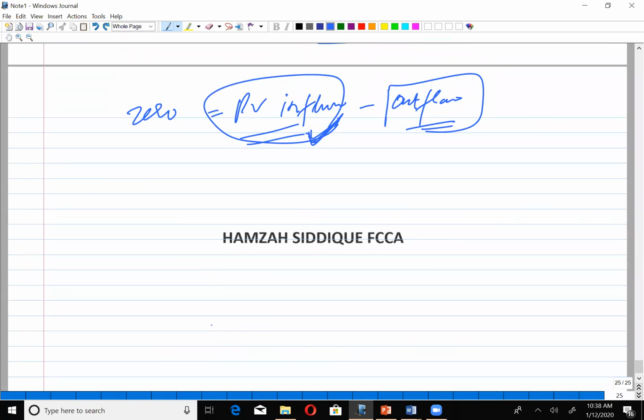This representation is not given in the notes or book, just to make it clearer. This is the discount rate and this is NPV, sorry, I had written it inversely.